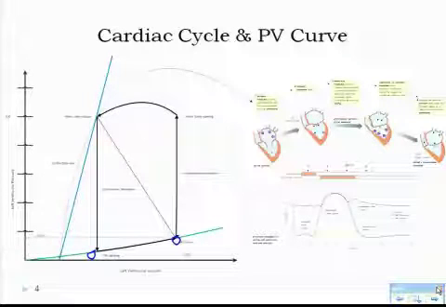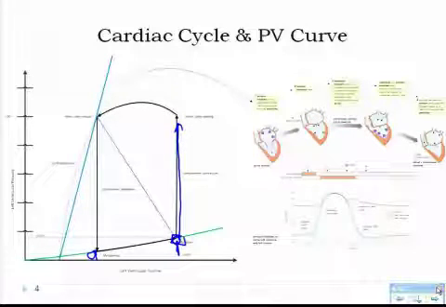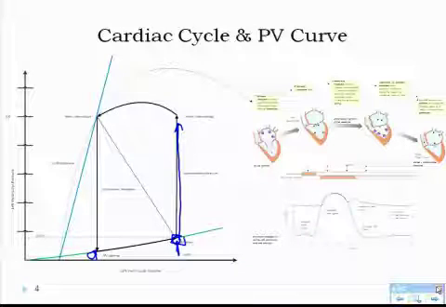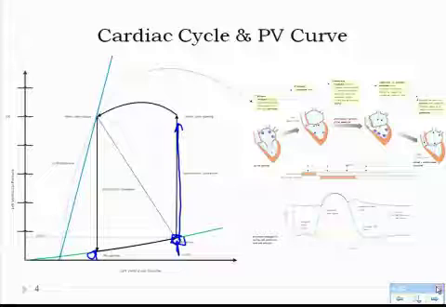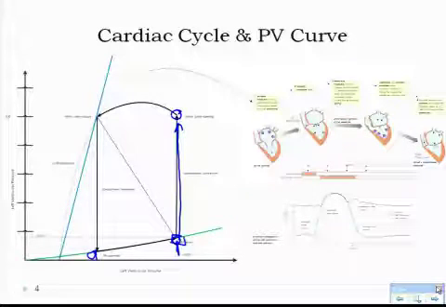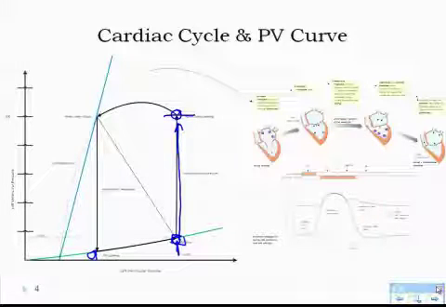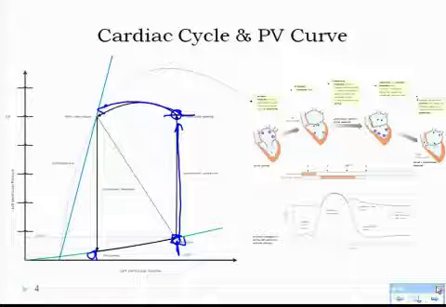So you've got mitral valve opening here, mitral valve closure. From this point on, you get isovolumetric contraction, where all the valves are closed. The mitral valve and the aortic valve are closed during isovolumetric contraction. Then you have the aortic valve opening, which has to do with the amount of afterload affecting the heart. And then it ejects out, and that's why the volume drops.